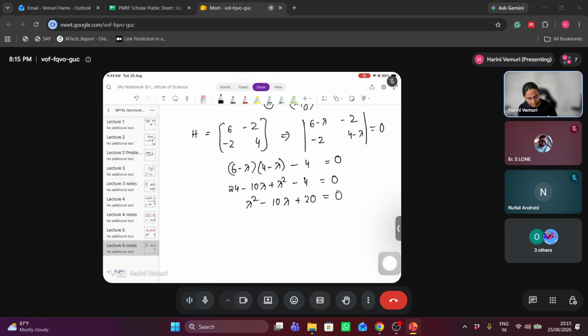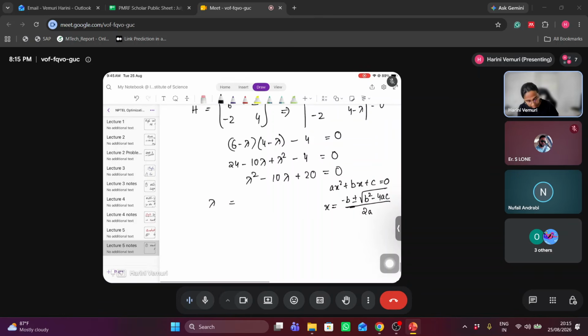This we can solve as a quadratic equation of the form ax square plus bx plus c equal to 0. The roots will be x equal to minus b plus or minus square root of b square minus 4ac, by 2a. So it is 10 plus or minus square root of 100 minus 4ac, by 2a.